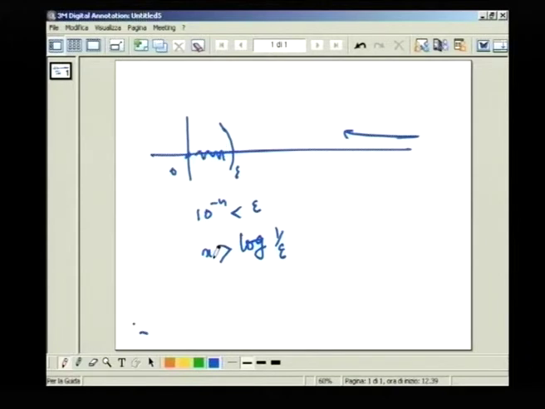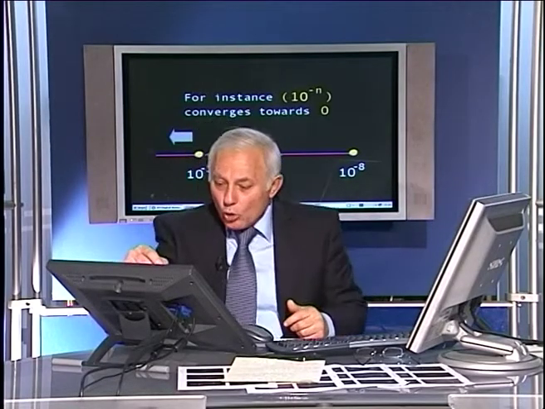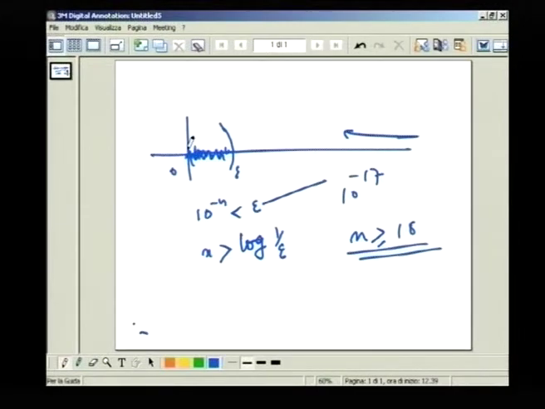So for all values of n greater than log 1 over epsilon, you are sure to find as many terms as you wish here. Of course, you may take, for example, epsilon 10 to the minus 17. So it means that for n greater or equal to 18, all of these terms, which means the elements 10 to the minus 18, 19, 20, etc., will always be in the neighborhood of the point 0.